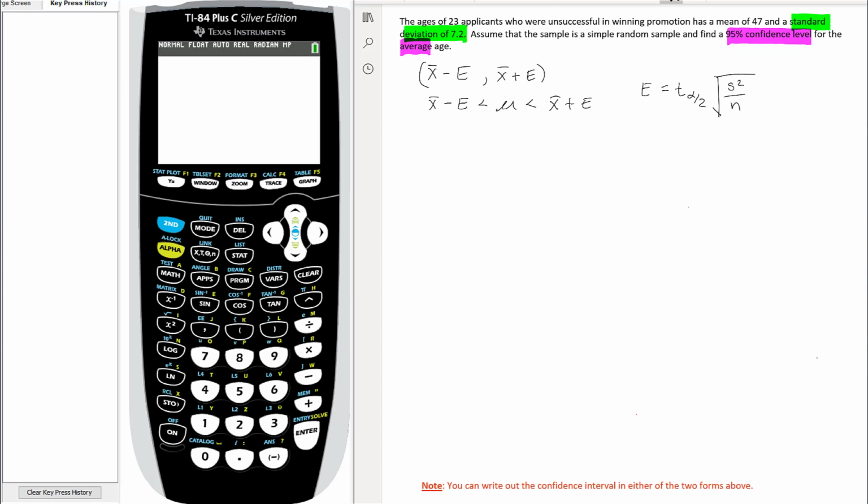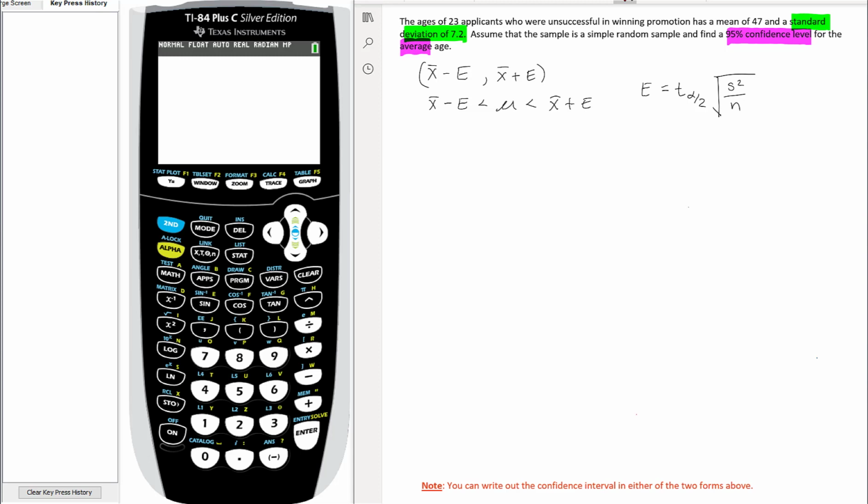So if we were using the t distribution, that means a sample standard deviation is the one that was given to us in the problem. So what we should do now is write out the information that's known. So here we know that the ages of 23 applicants, that means n, and then the mean is 47, that means x bar, and then standard deviation is 7.2, that means s.